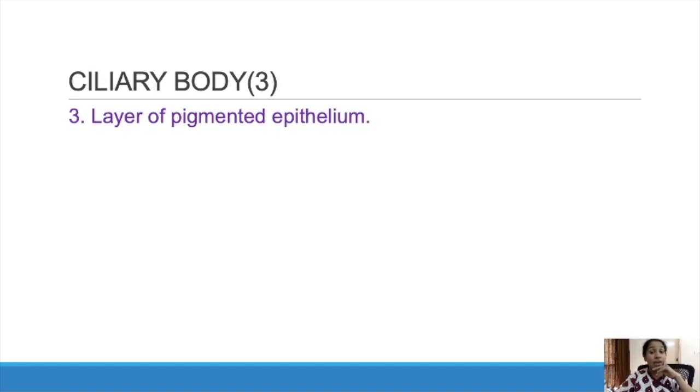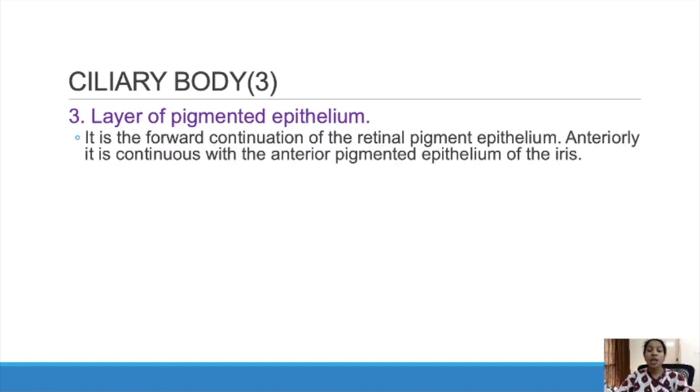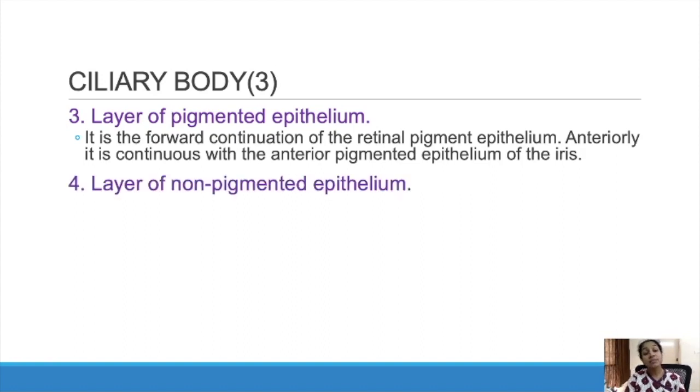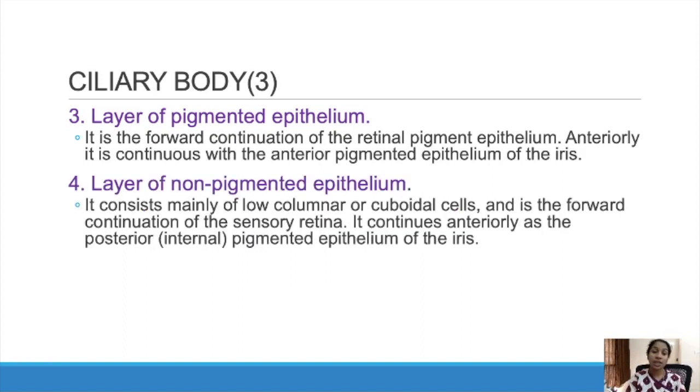Next comes the layer of pigmented epithelium. It is the forward continuation of the retinal pigment epithelium and anteriorly continues with the anterior pigmented epithelium of the iris. And next comes the layer of non-pigmented epithelium. It is of cuboidal or columnar cells, and it is the forward continuation of the sensory retina.